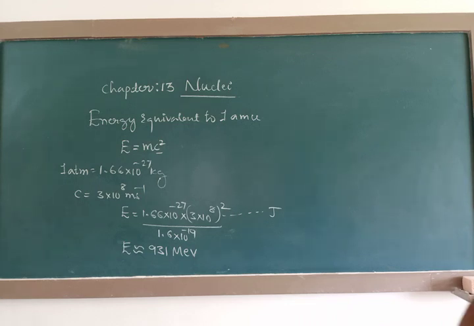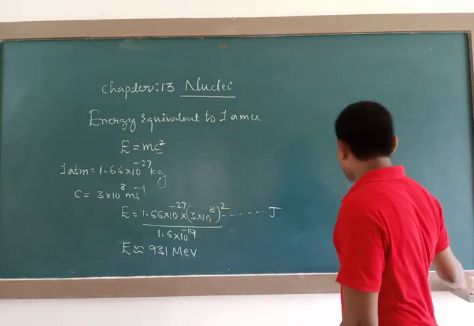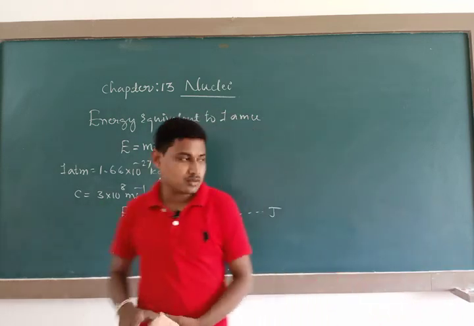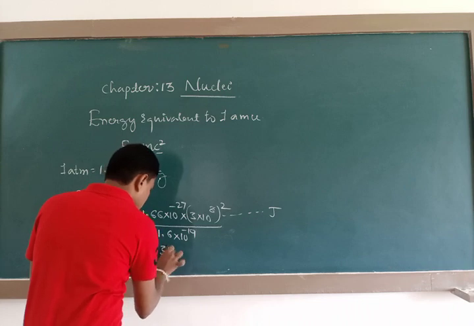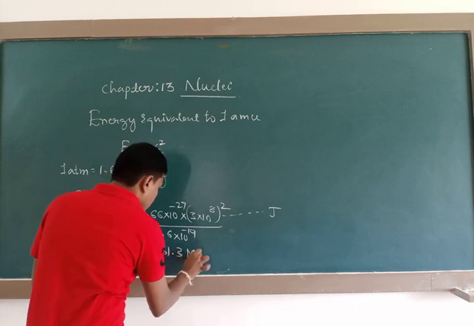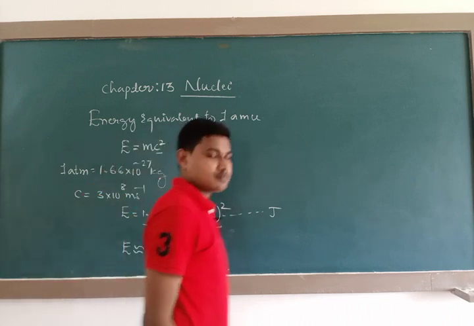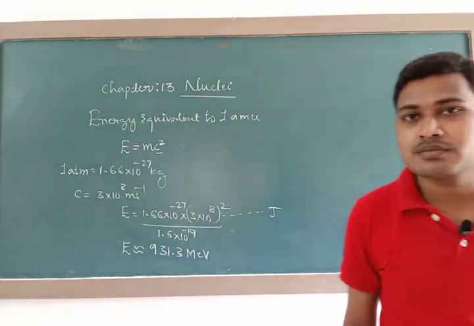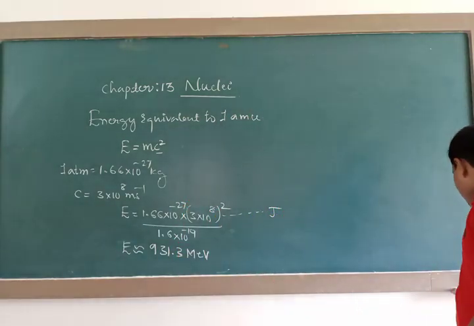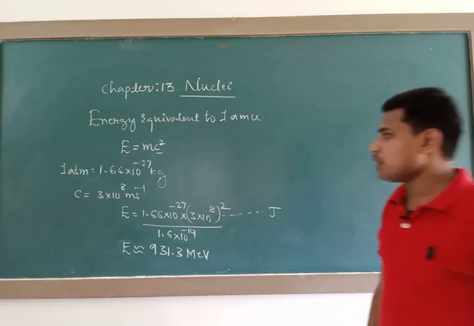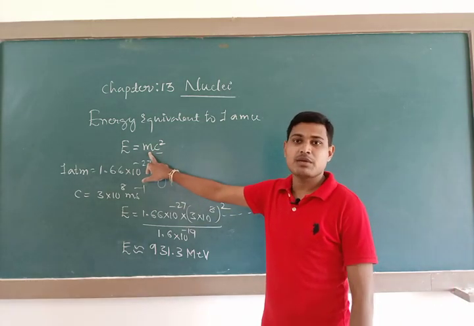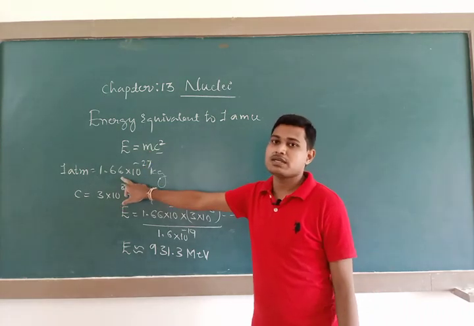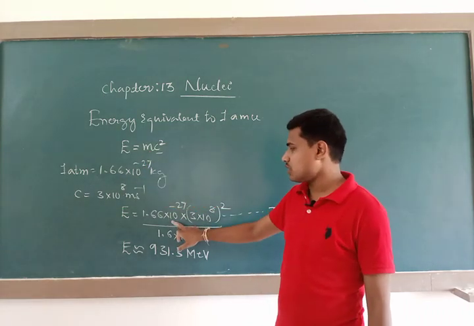In some books it may be given as 931.3 million electron volt. Very simple. Mass, I am taking one atomic mass unit, that's 1.66 into 10 power minus 27 kg.